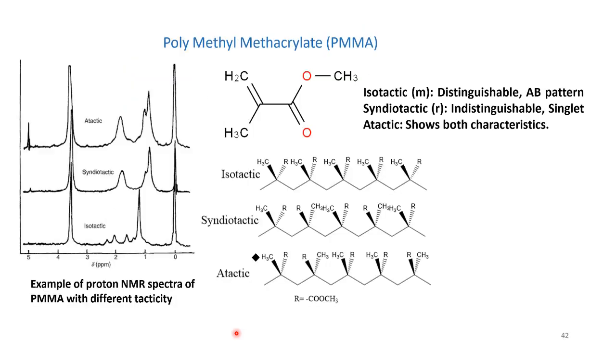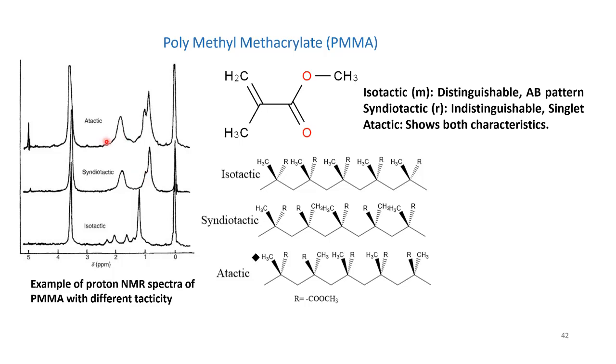Then for PMMA, for different tacticity, we can get different peaks. As we can see here, for the isotactic, distinguishable AB patterns are there. For syndiotactic, indistinguishable singlets are there.